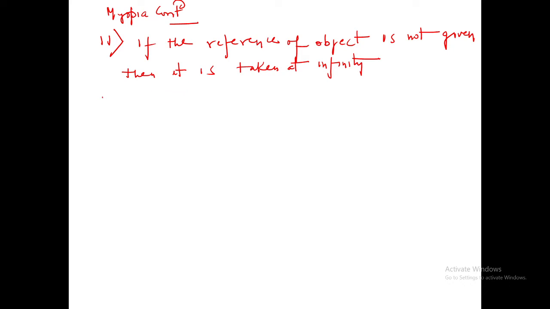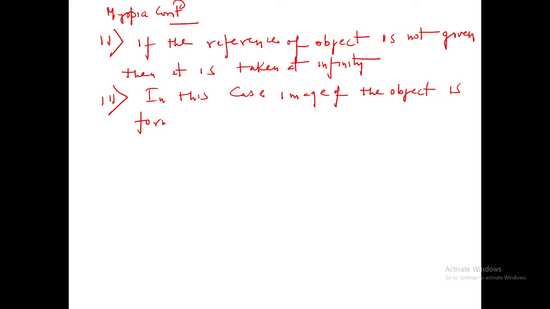Okay, and the third point is that in this case the image of the object is formed at the far point of the person.